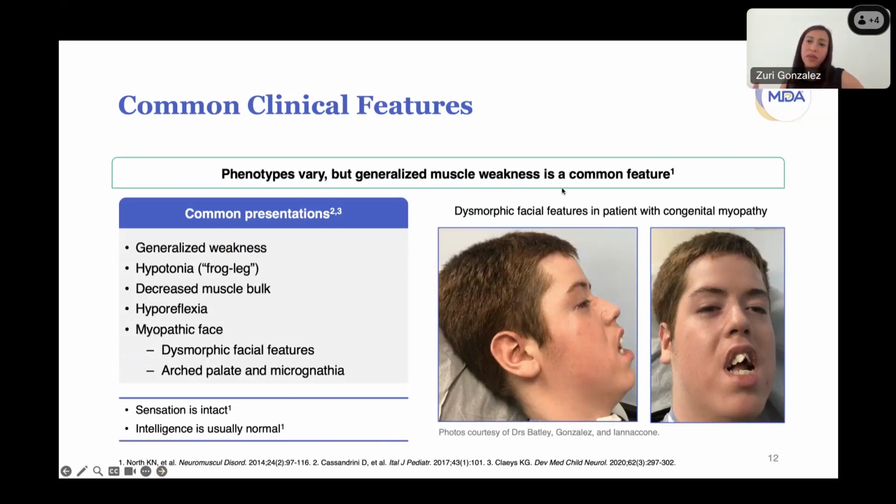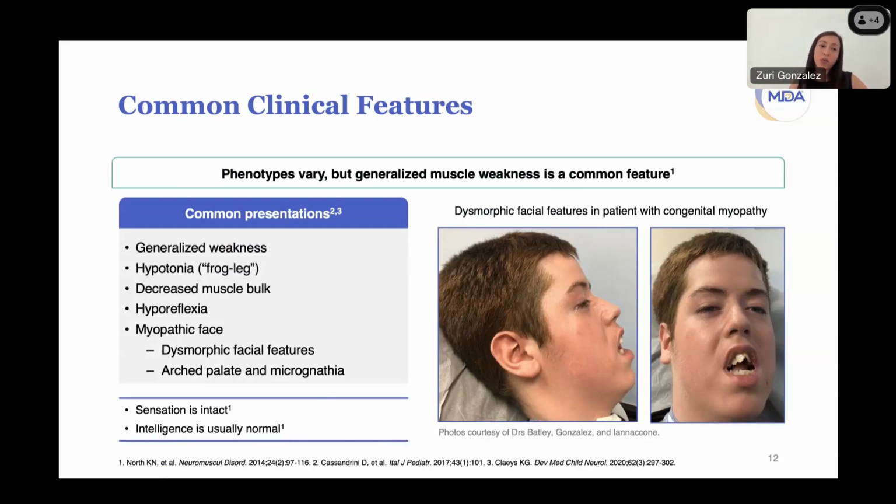Now that we have reviewed the general overview about congenital myopathies, let's move on to the clinical presentation. There are going to be some common clinical features that we will see in these patients. In general, the phenotype is going to vary significantly. However, muscle weakness is going to be the main common feature.